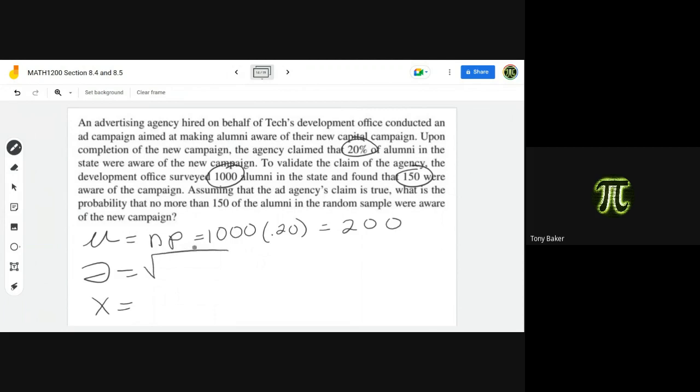Standard deviation always has a square root in it. Yep, np and then 1 minus p. So it's the square root of 1,000 times 0.2 times 0.8. Which I can't do in my head.